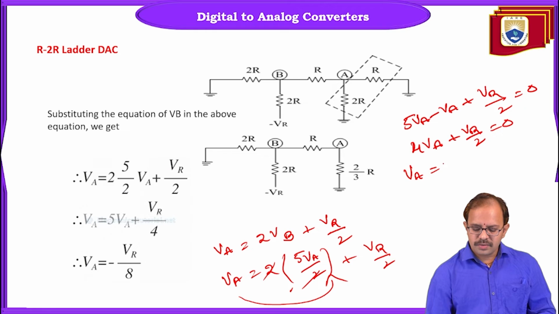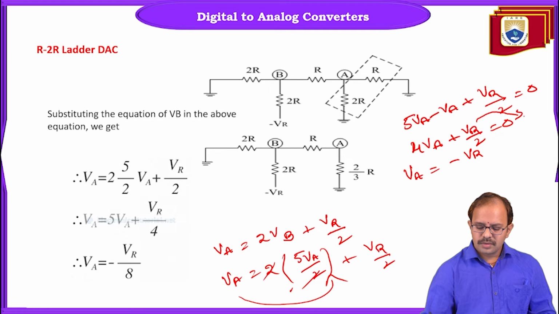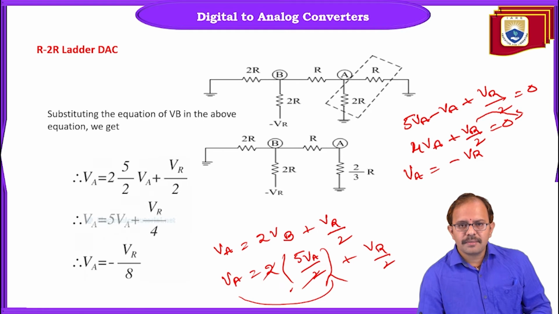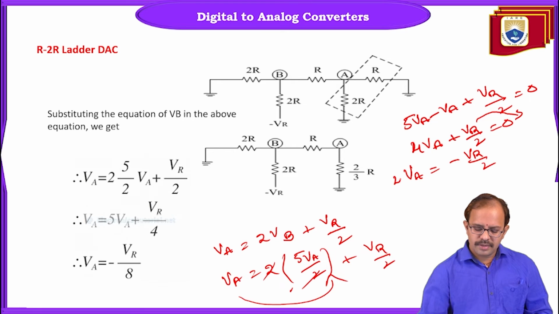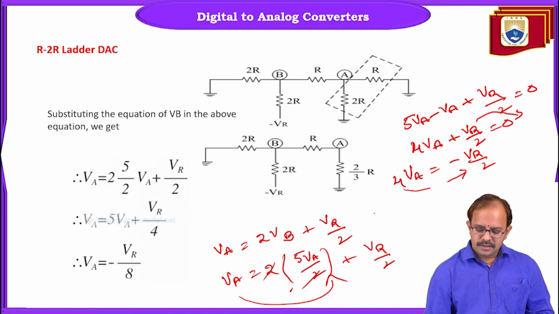So what is VA now? VA is going to become minus. We are going to move this term to the other side. It will become minus VR by 2. And here we have a coefficient of 4. So again, bringing this 4 to the other side, we can define VA as minus VR by 8.